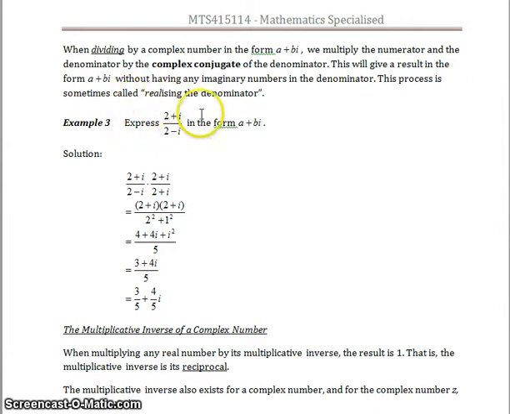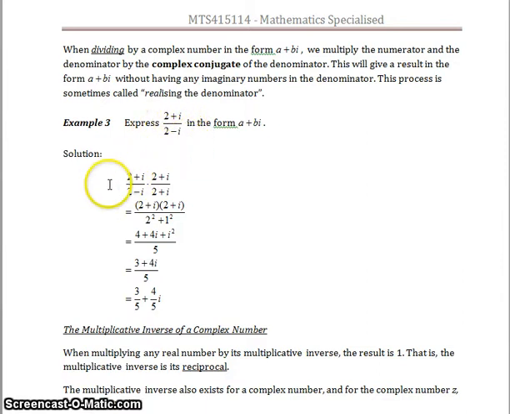We want to express this division in the form of a plus bi, and that means that we don't want any imaginary numbers in the denominator. So our process of division is to multiply the top and bottom by the complex conjugate of the denominator, which is going to be 2 plus i.